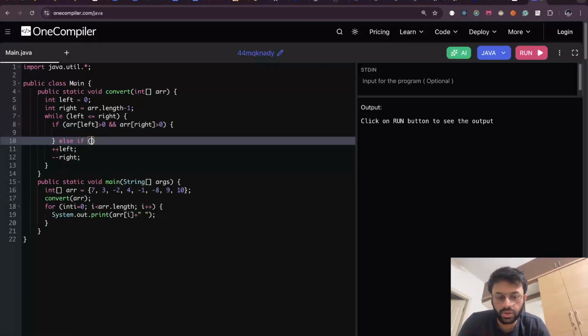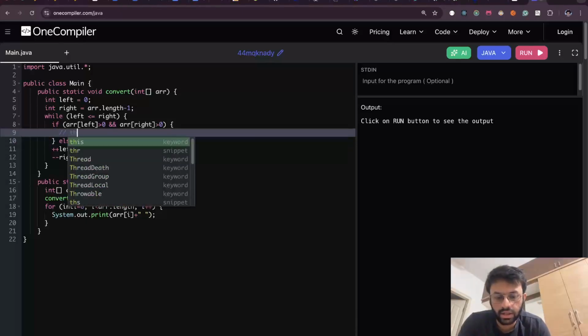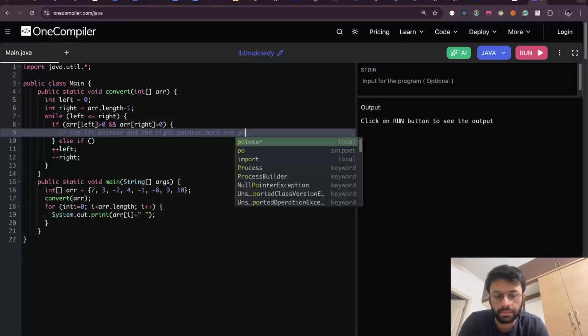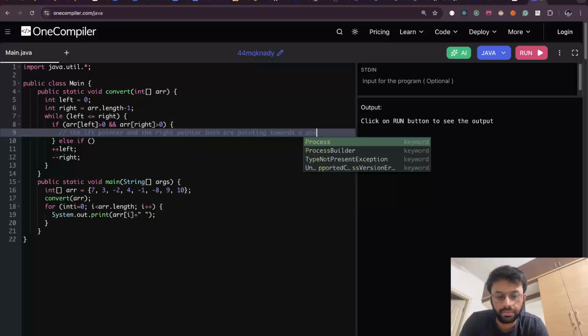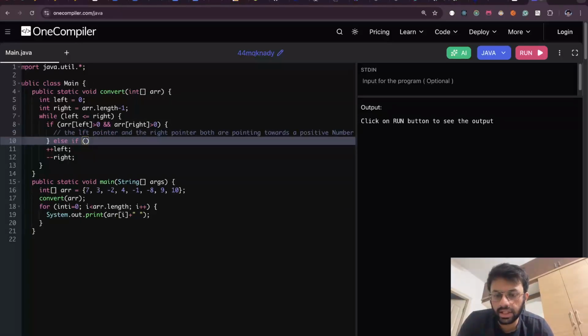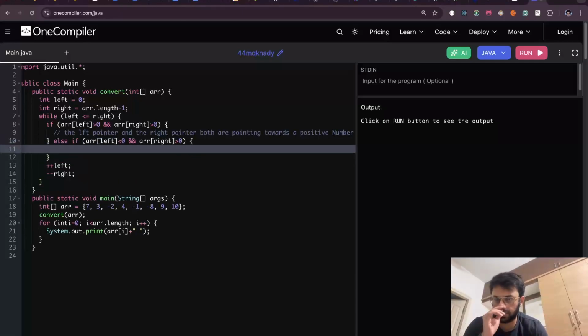So here I'll write that the left pointer and the right pointer both are pointing towards a positive number. Then, if the left pointer is pointing towards a negative number and the right pointer is pointing towards a positive number.